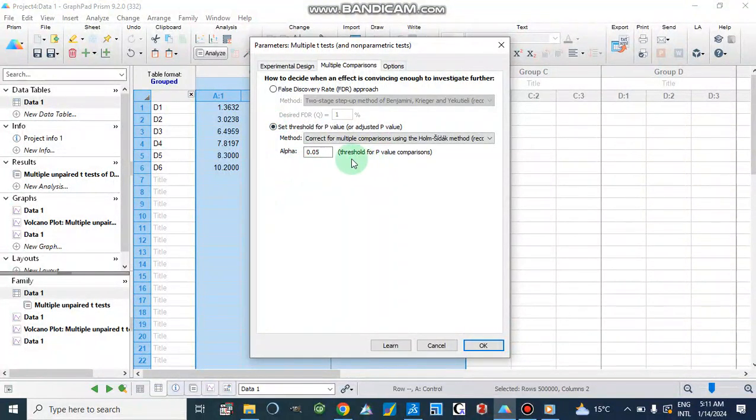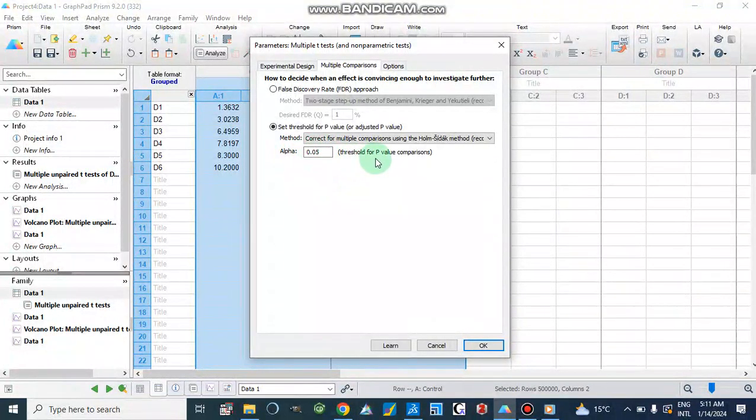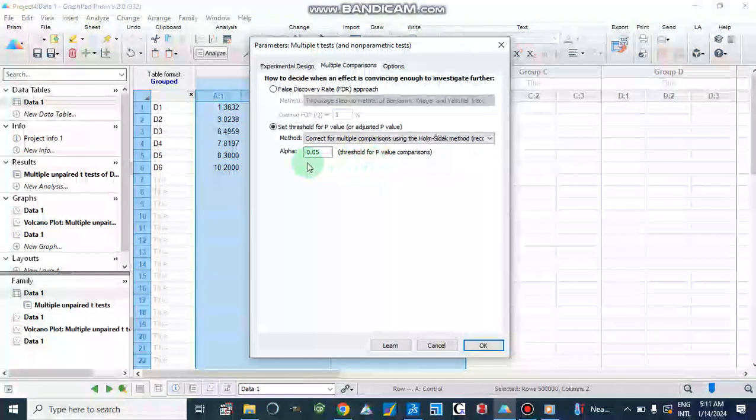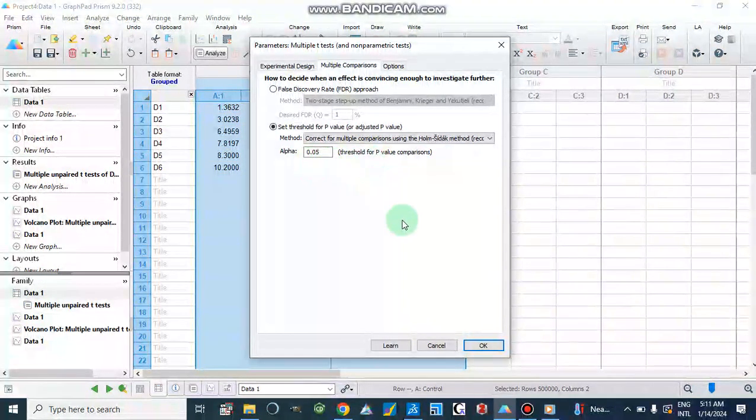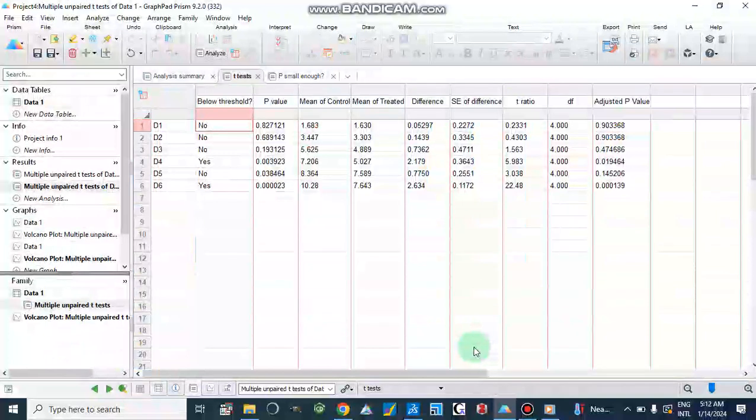We discussed that if the p-value is less than 0.05, then our t-test will be significant. So here we have selected 0.05, which is the threshold for p-value comparison. So this means that if we have a p-value greater than 0.05, the data will be not significant. Now we will make it. Okay.